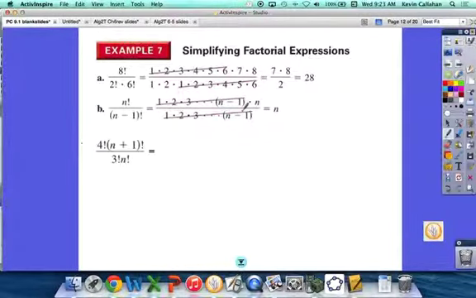So 4 factorial, just split off the 4. 3 factorial takes care of the rest. Now you can cancel those. N plus 1 factorial is n plus 1 times n times n minus 1 all the way down to 1. So just split off the n plus 1, let n factorial take care of the rest, cancel, cancel. And all that's left is 4 times n plus 1.